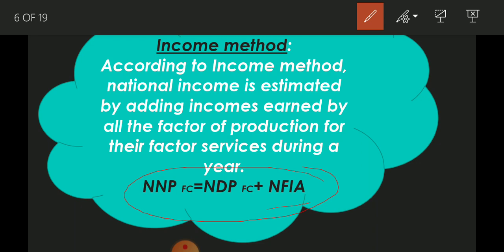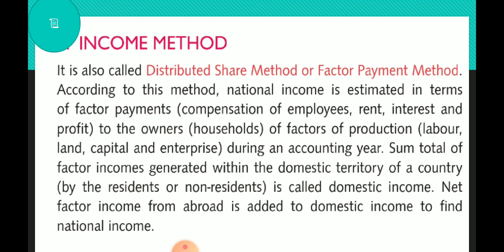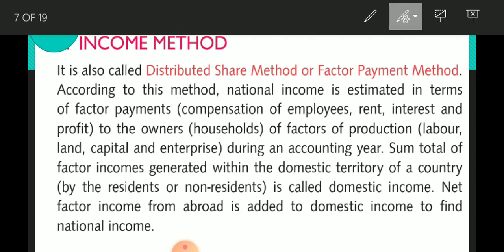Now let me explain how we get NDPFC using the income method. It is also known as the distribution share method or factor payments. I already told you that national income is estimated in terms of factor income paid to the factors of production during an accounting year.